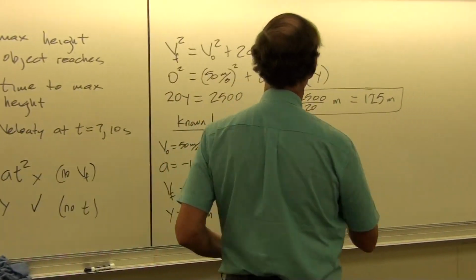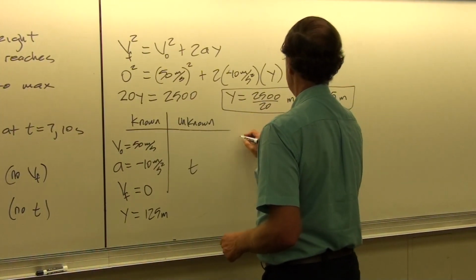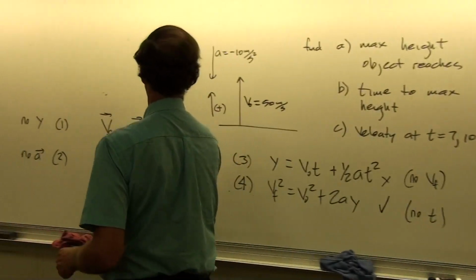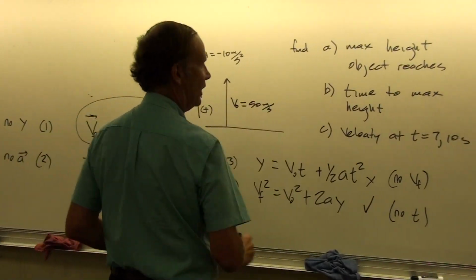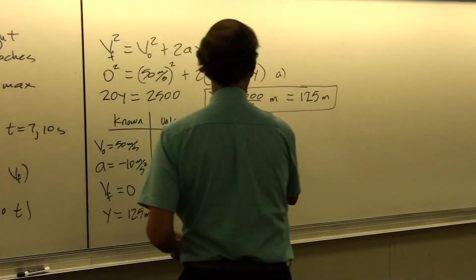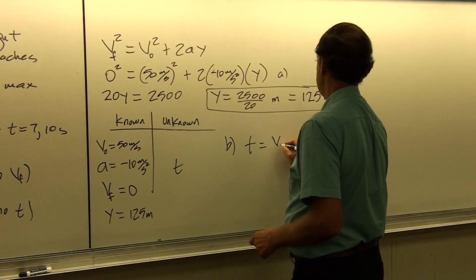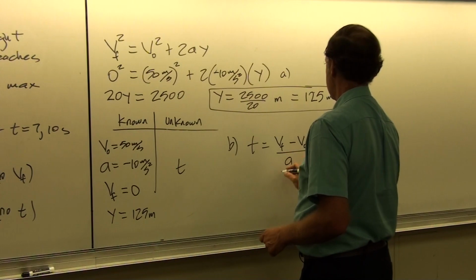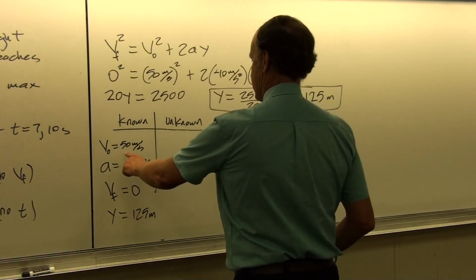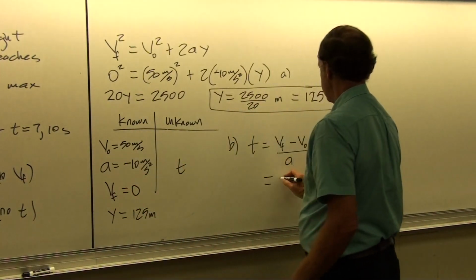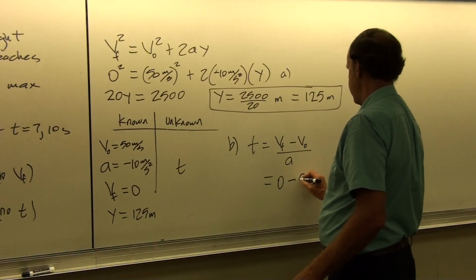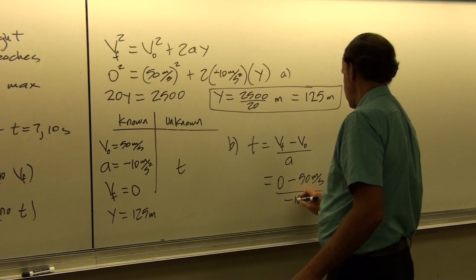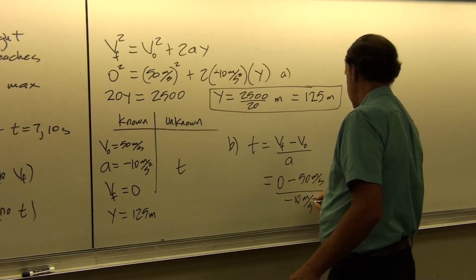All right, so this is part A then. In part B, we're going to choose this equation for the time, and solve that for the time. So t then is v final minus v initial over the acceleration. v final is 0, so that's 0 minus 50 meters per second divided by minus 10 meters per second squared.